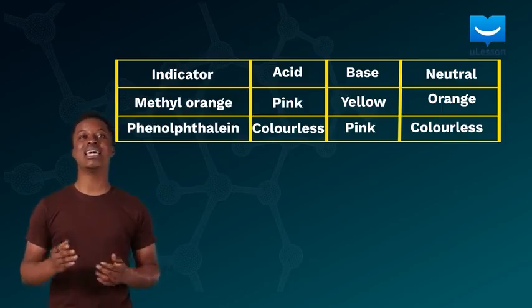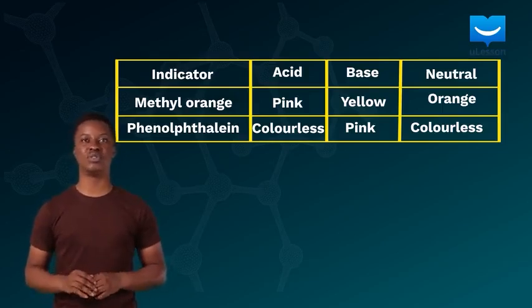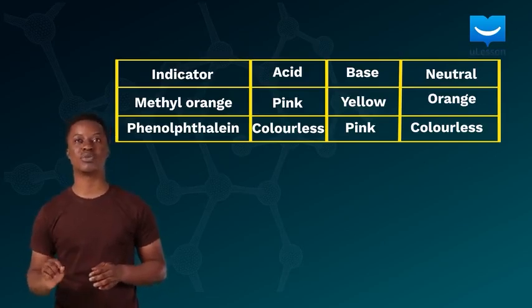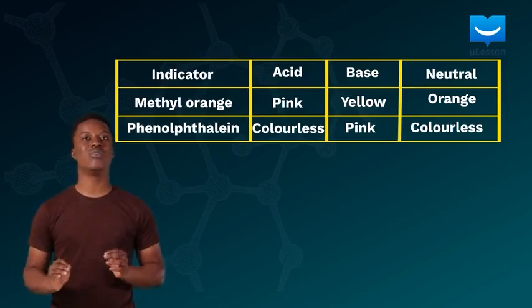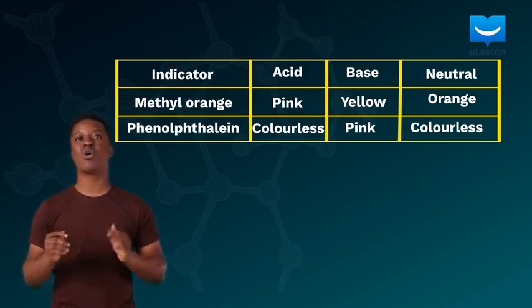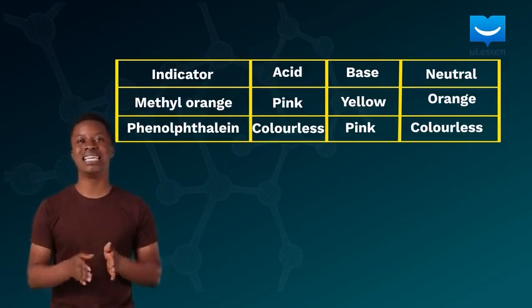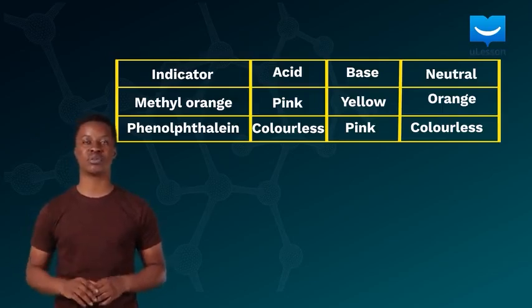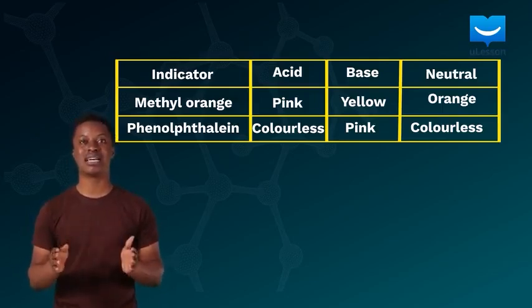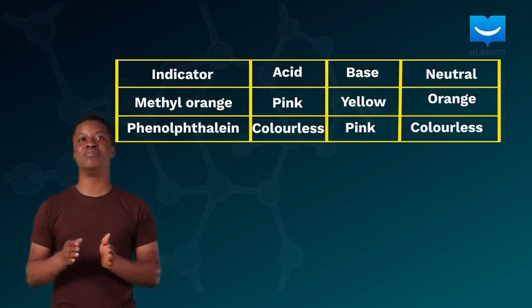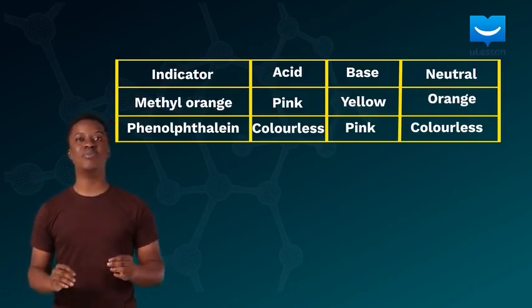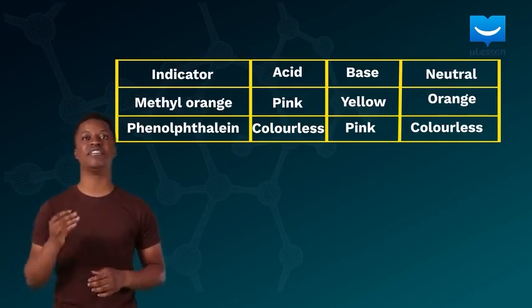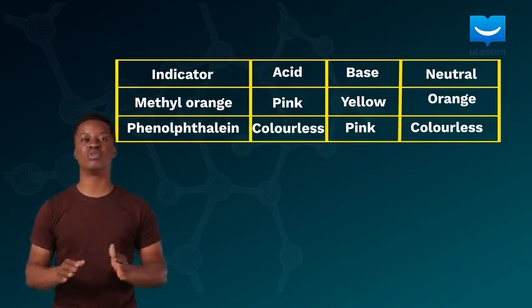Now, since the endpoint of an acid-base titration should yield a neutral salt, we can determine the completion of an acid-base titration when the color of the solution corresponds to the color of the indicator in a neutral solution. See, all I'm saying is that the endpoint of an acid-base reaction using methyl orange would be when the solution is orange, while the endpoint of an acid-base reaction using phenolphthalein would be when the solution is colorless.